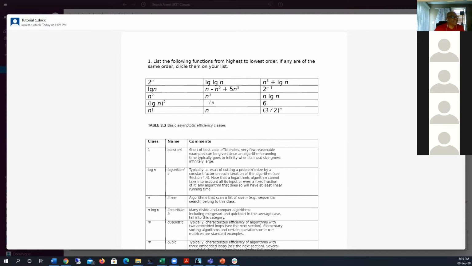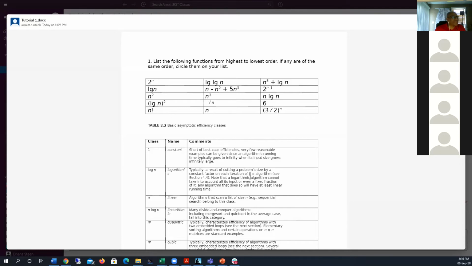And log n here is log to the base 2 of n. So can I ignore this section that says: typically a result of cutting a problem size by a constant factor on each iteration of the algorithm.